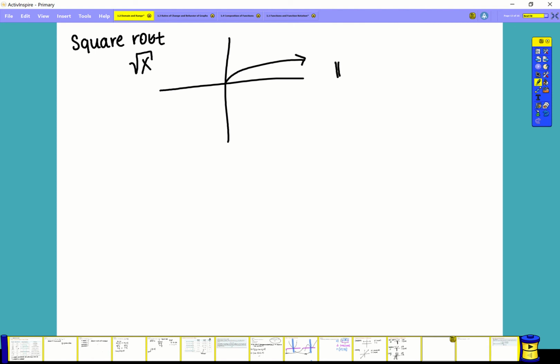So now notice that my domain, notice that I don't have any x values over here. So I can only have 0 to infinity. And my range, notice how I don't have any negative y values. So my range goes from 0 to infinity. So it's just the positives.